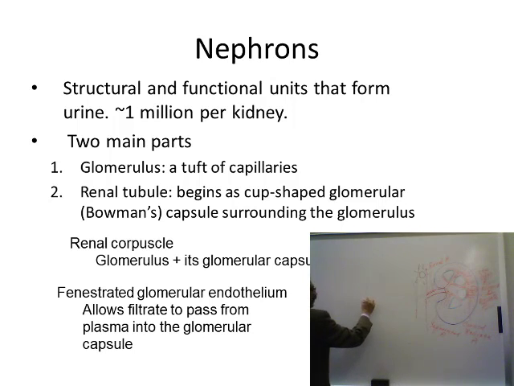Okay, so this is the cortical radiate, and afferent arterioles arise from the cortical radiate like this. So afferent arterioles.